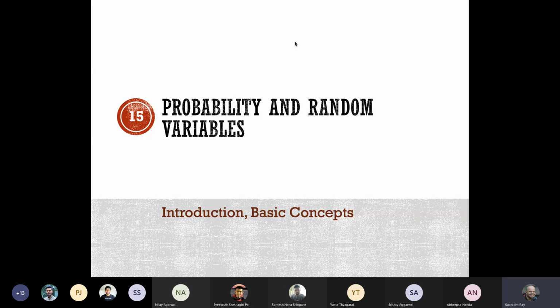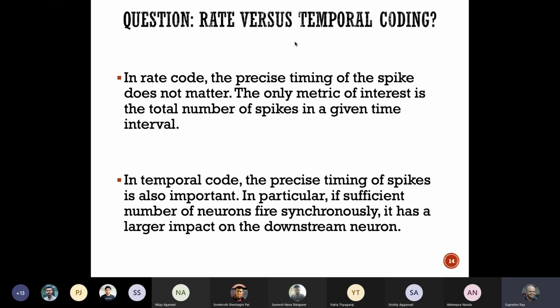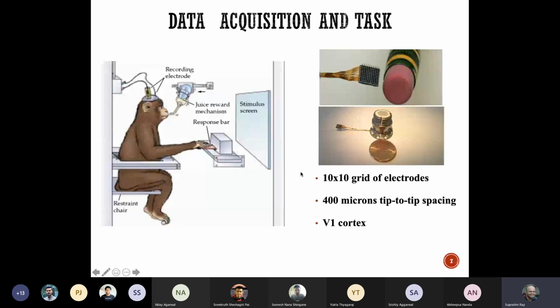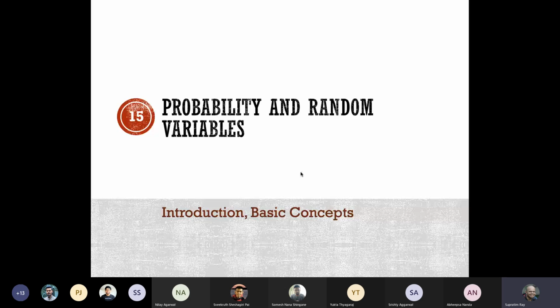I'm talking about Wikipedia here. Just read about random variables on Wikipedia. Or one of the basic chapters of Sheldon Ross is rather involved. You could try Papoulis. But as I said, read about what is a random variable on Wikipedia. We will start from there.